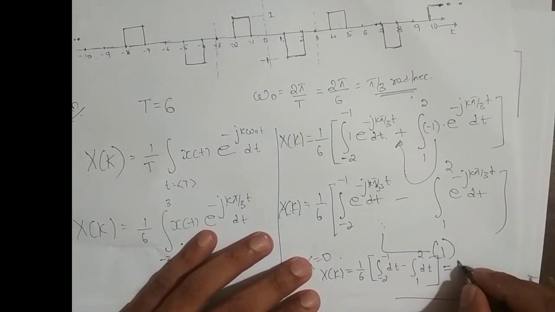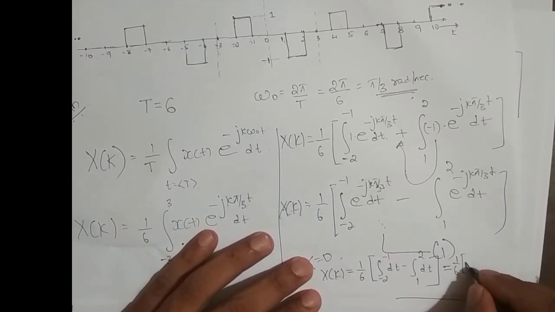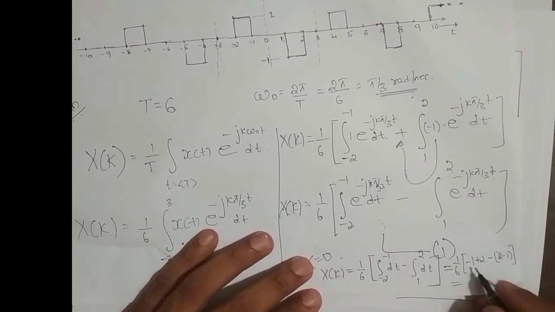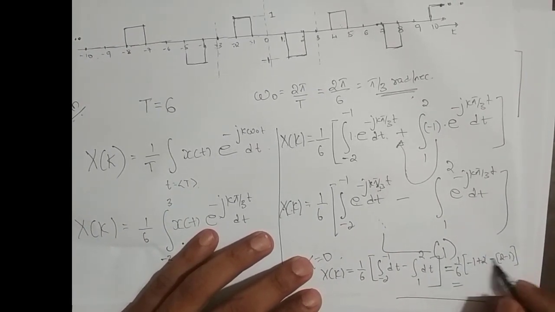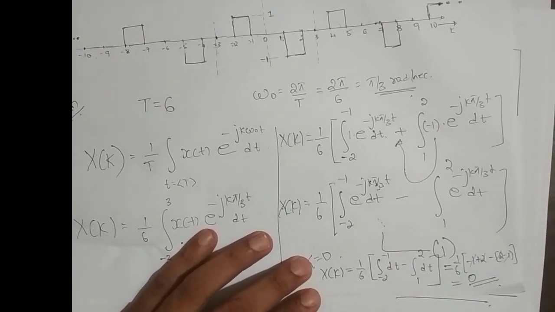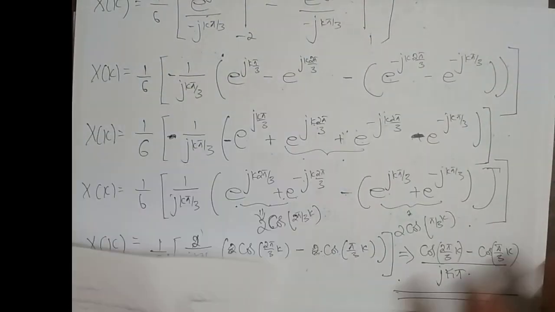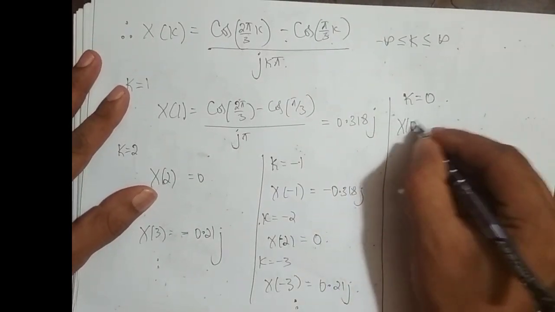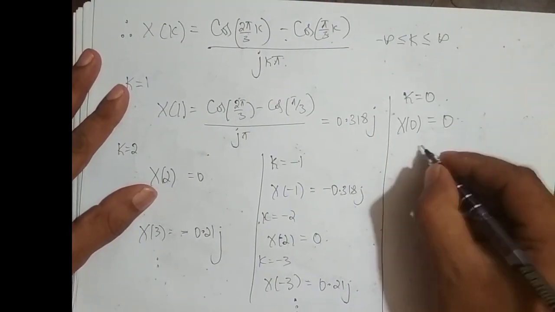If you integrate, 1 by 6 times the upper limit minus lower limit, minus the upper limit minus lower limit: minus 2 plus 2 cancels out, minus 1 plus 1 cancels out, so this ends up to 0. So for k equal to 0, x of 0 is equal to 0.